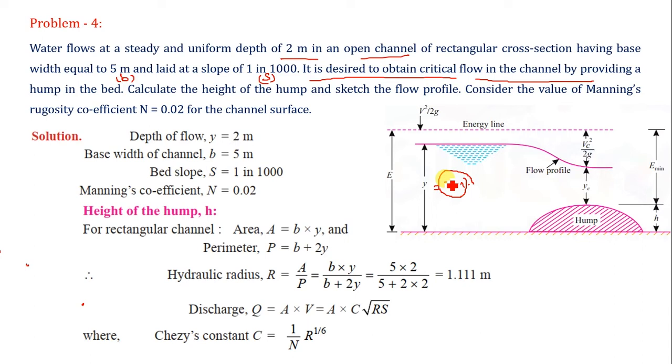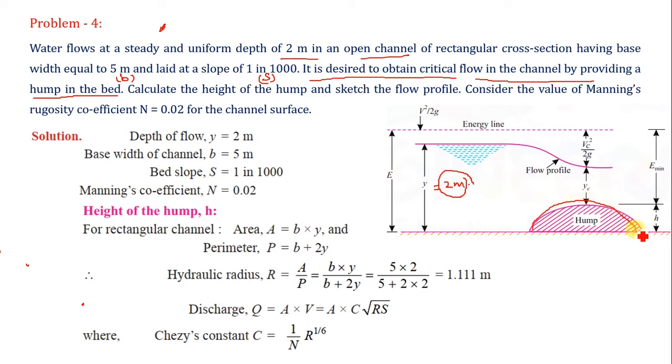So he wants to make the flow go with critical depth or critical velocity. How can you do that? You can do it with the help of a hump on the bed. So this is a hump.